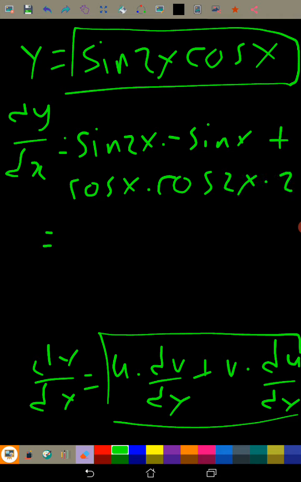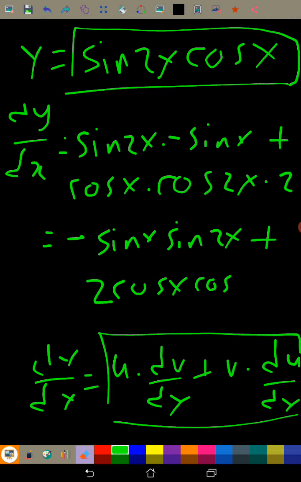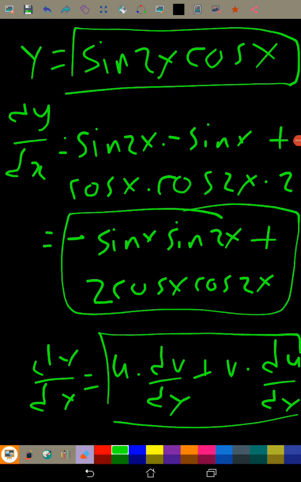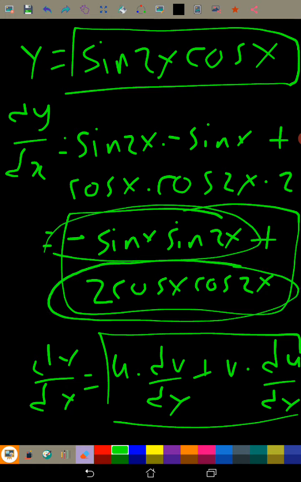So it's going to be minus sine x sine 2x, we cannot combine them unfortunately, plus 2 cos x cos 2x. Well, we can put either one at the front or at the end. It doesn't matter. And normally we put the positive at the front, and then we minus this. That's how it is written there. No big deal once again.